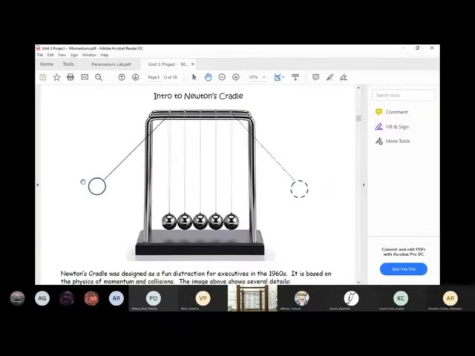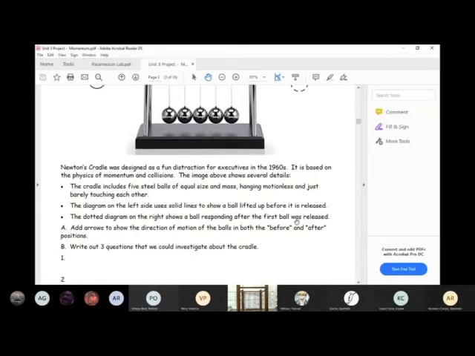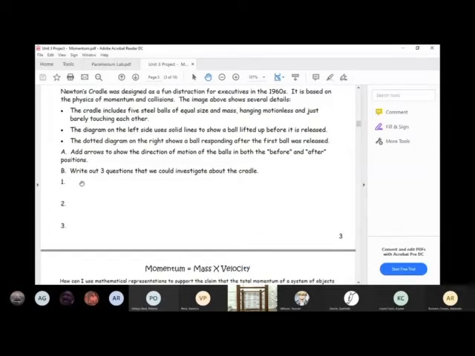The before conditions, the initial conditions, we're drawing with solid lines, and the after, in other words, the response conditions, we're drawing with dotted lines. So we're going to try to stick with that in the future. And then I asked you to come up with 3 questions that we could investigate about the cradle.